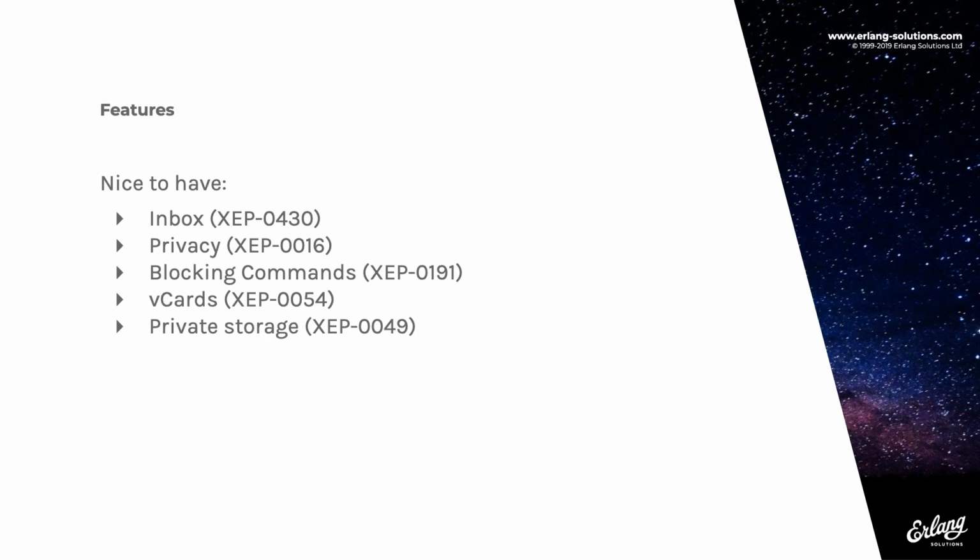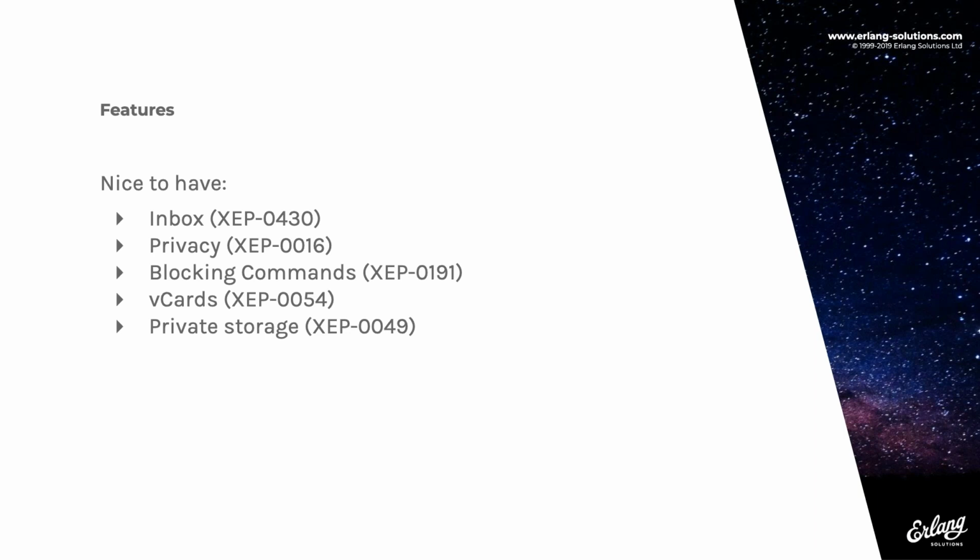count the messages. There is privacy, which is about making it possible to block some users you don't want to talk to, or blocking commands, which is a simplified version of privacy. There are vCards if you want to publish information about your full name, the department, the company you are working for, your picture.